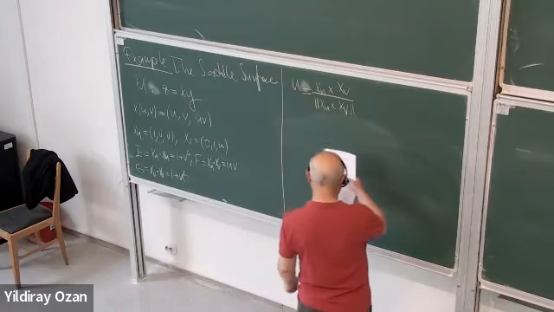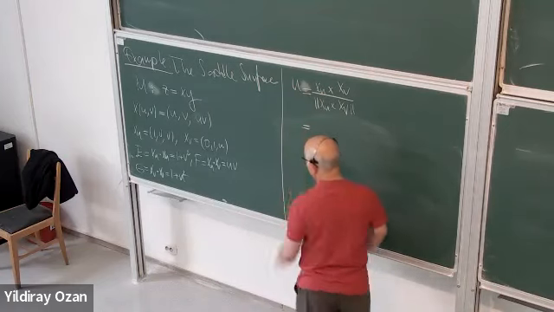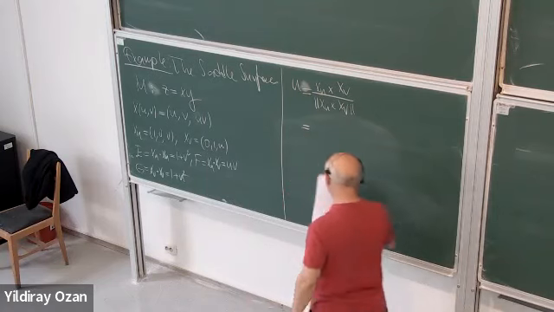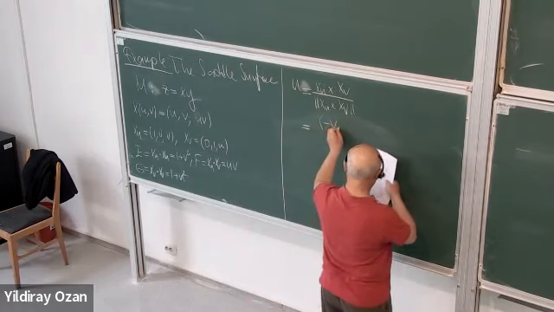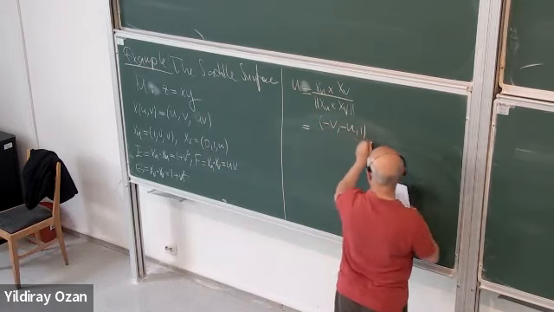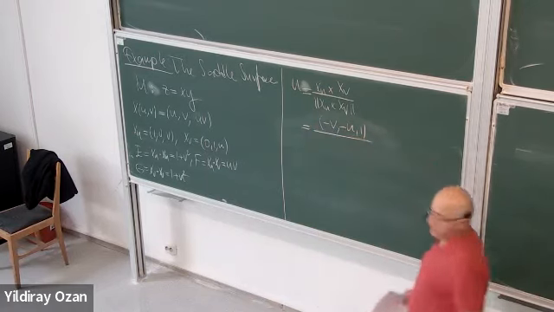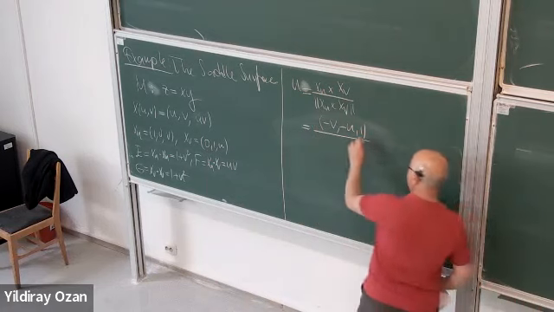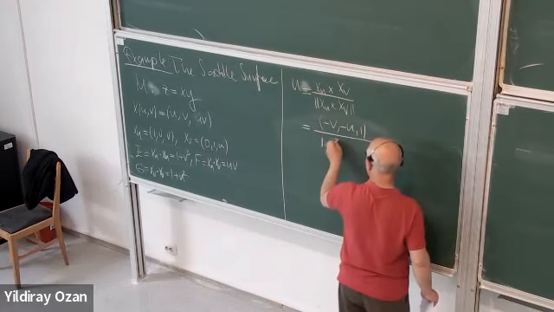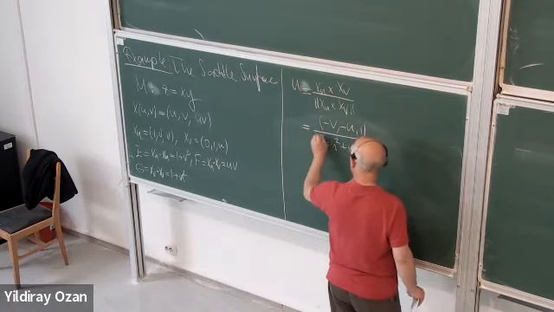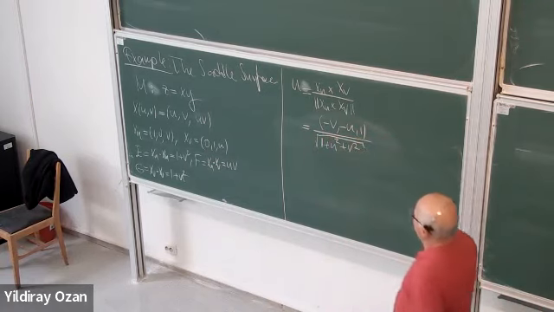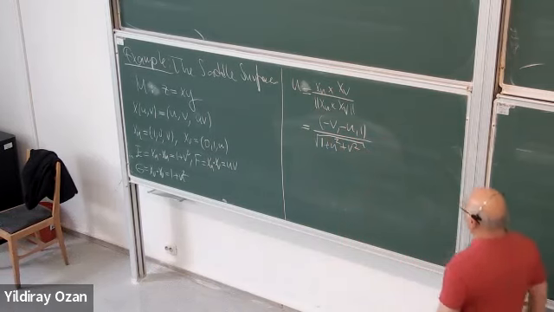If you compute that, so here are the vectors, this cross product is minus v, minus u, 1, and the length of this is just the square root of 1 plus u squared plus v squared, right? So this is the unit normal vector.